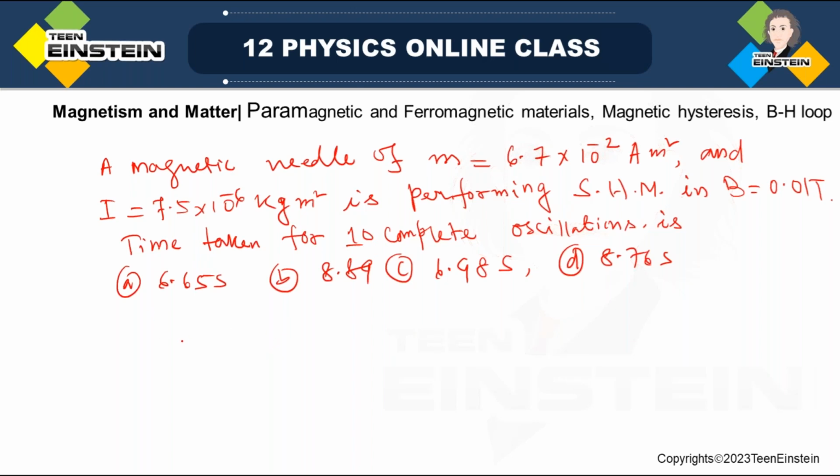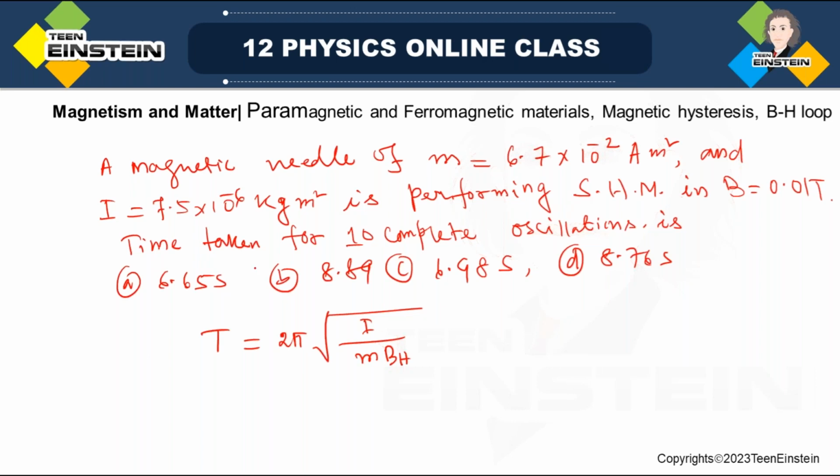So this is oscillation of a compass needle in a region of magnetic field, which we had already studied, right? So the time period will be 2 pi root over I by m B_H, where B_H is the horizontal magnetic field of the earth.